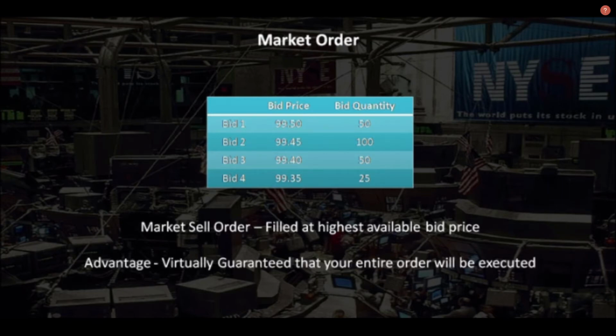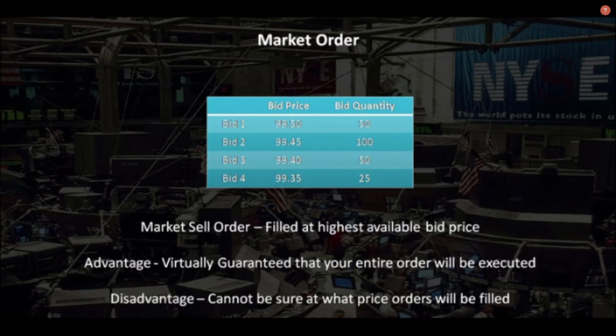The advantage of a market order is that it is virtually guaranteed that your entire order will be executed. The disadvantage is that you cannot be sure at what price your order will be filled.